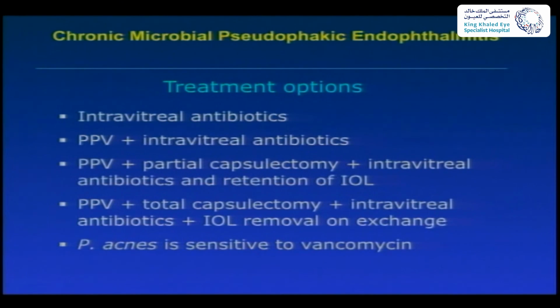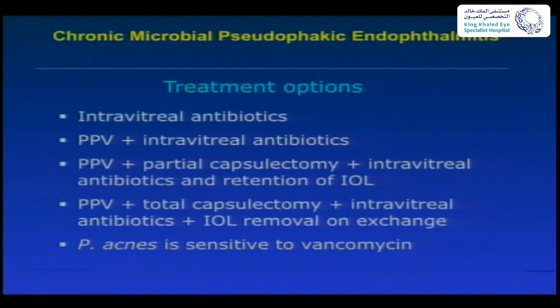Now, what are the treatment options? You can use intravitreal antibiotics alone, or vitrectomy plus intravitreal antibiotics, or vitrectomy with partial capsulectomy. You excise the posterior capsule, inject intravitreal antibiotics, and leave the intraocular lens.